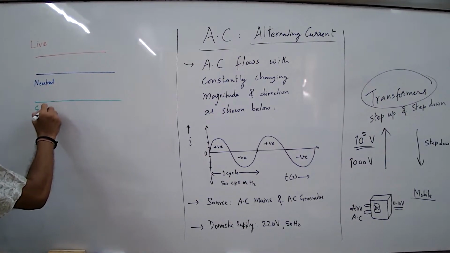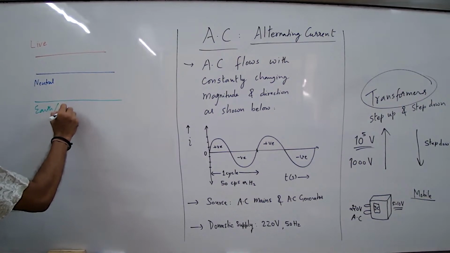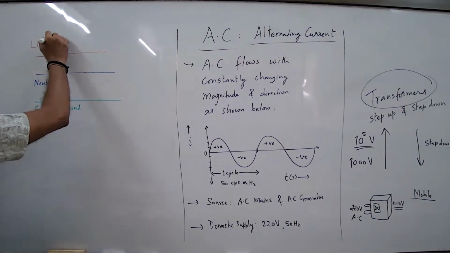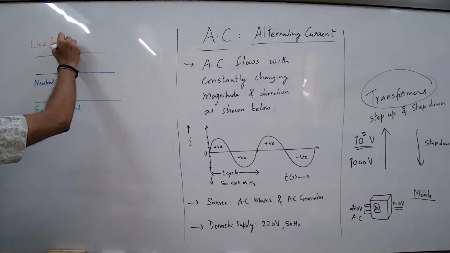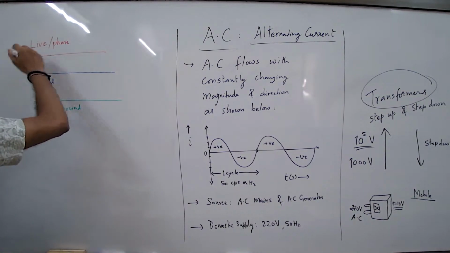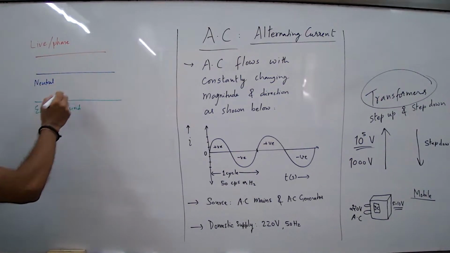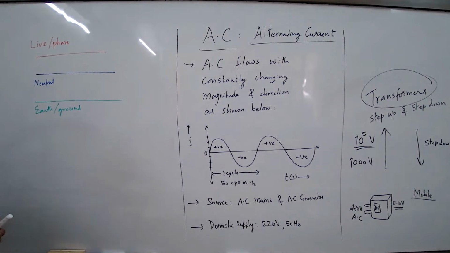It is also called earth or ground. Everything has got two names. So like neutral, live is also called phase. So these are the different names of the wires: live wire, neutral wire, earth or ground wire. Okay.